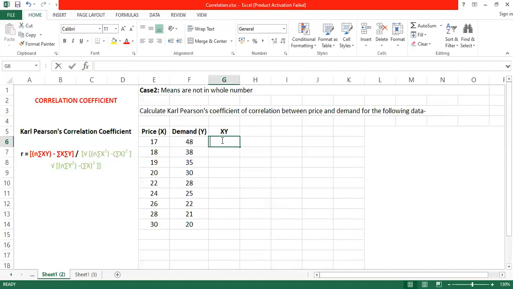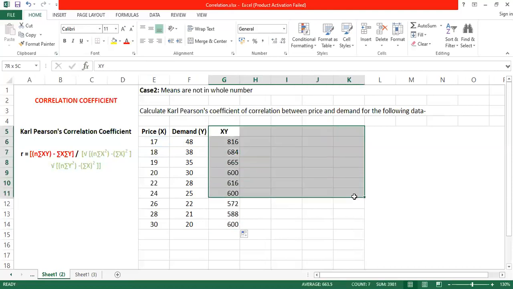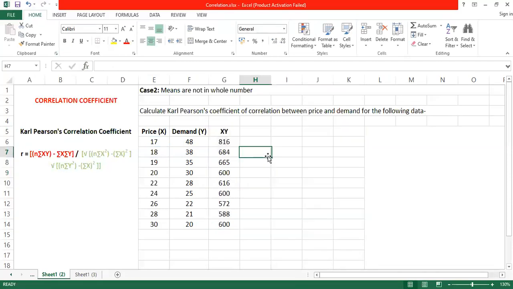So I'm multiplying X with Y. Same for the next X, X into Y, and the same thing will continue for all the pair values, right? So this is our XY.